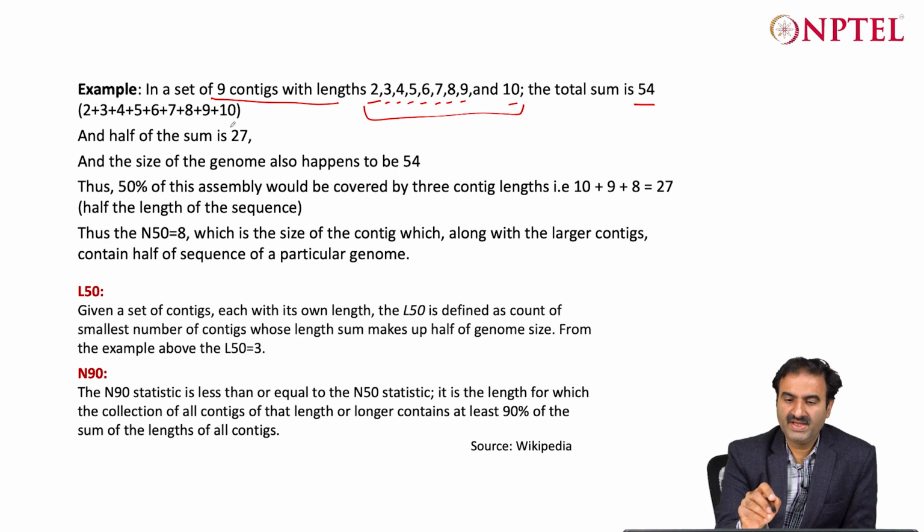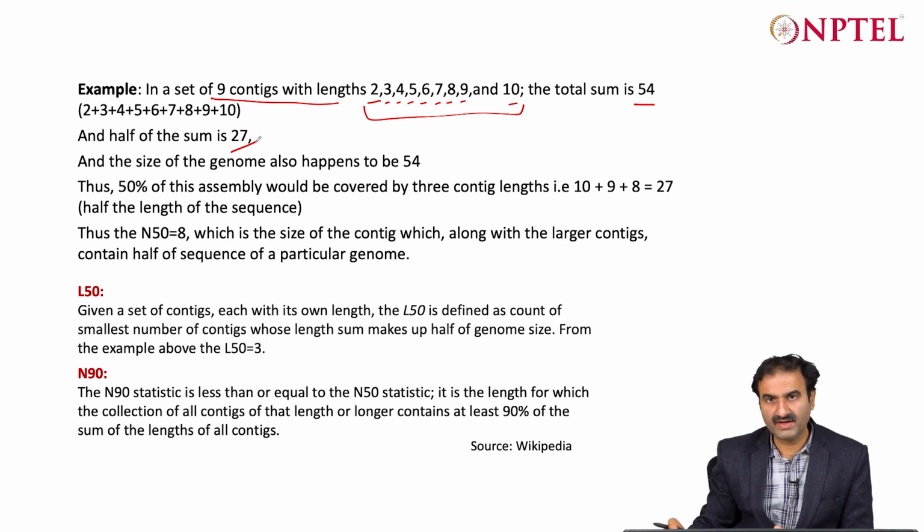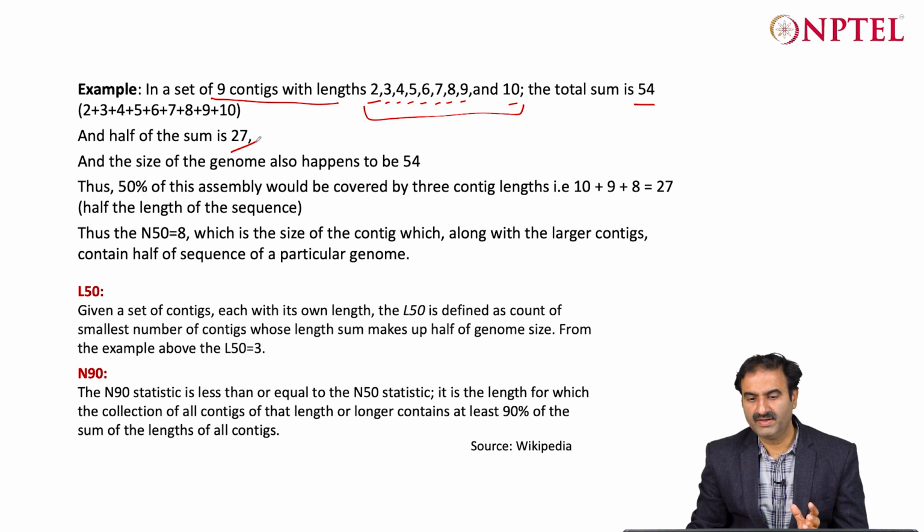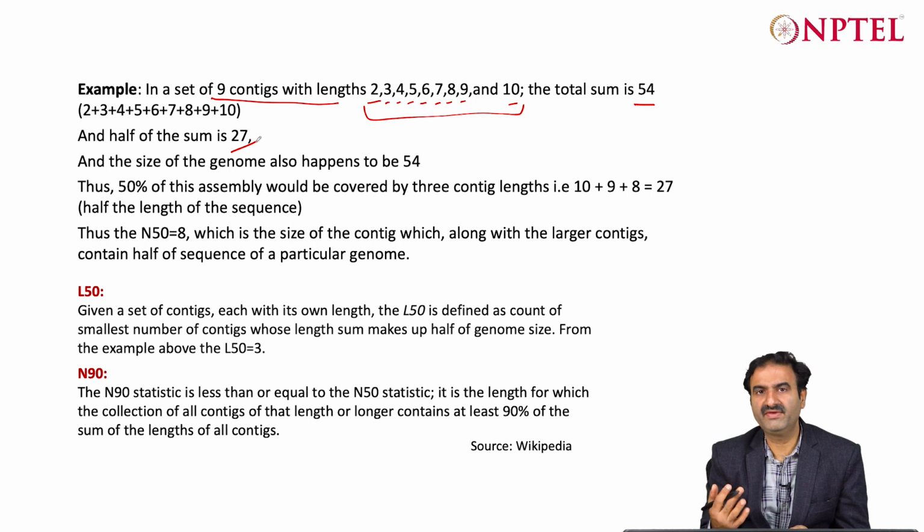So what is half of this number 54, which is the genome size? That is 27, 54 by 2. Now we will see, if I look at half of that value, 27, how many contigs represent that.